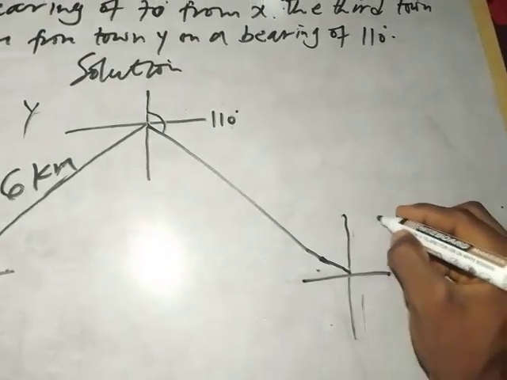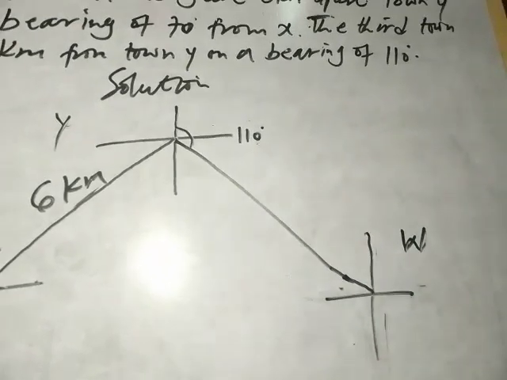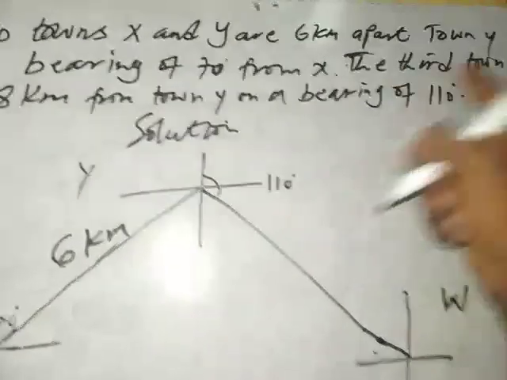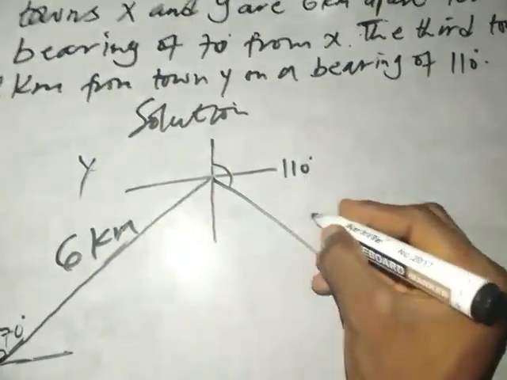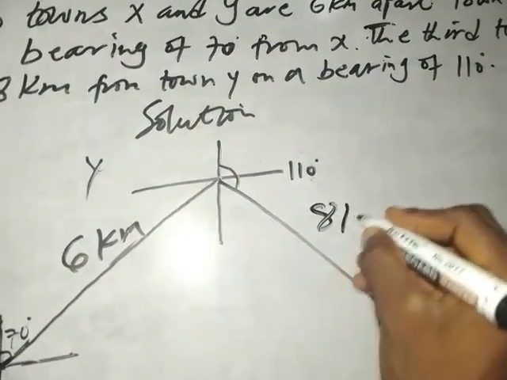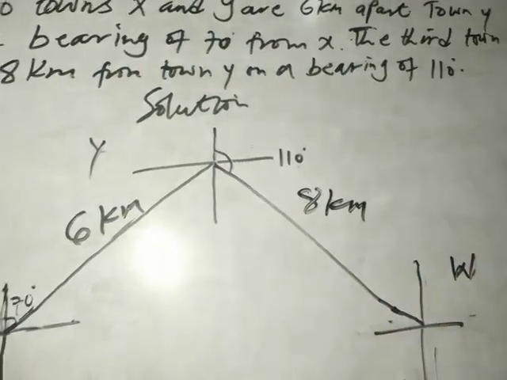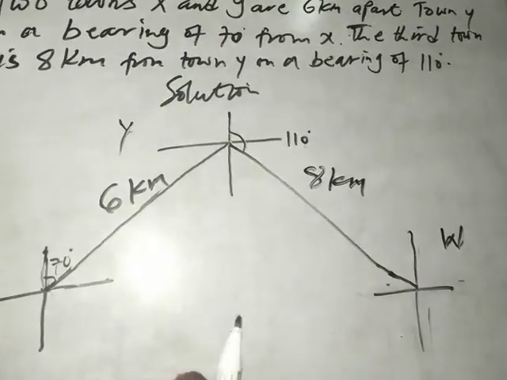This is town W. Remember the third town is 8 kilometers from town Y on this bearing. So this side is 8 kilometers. That is how to represent that in a diagram.